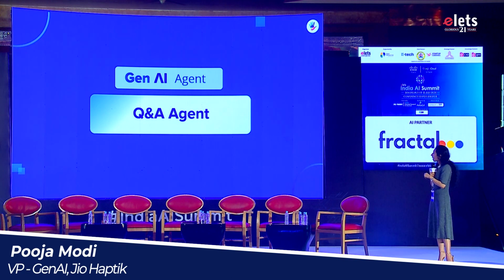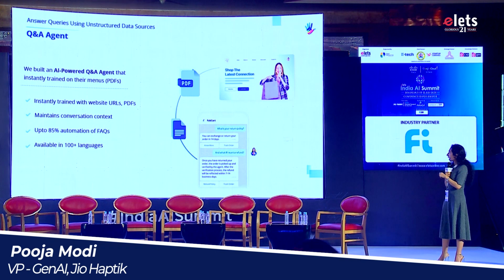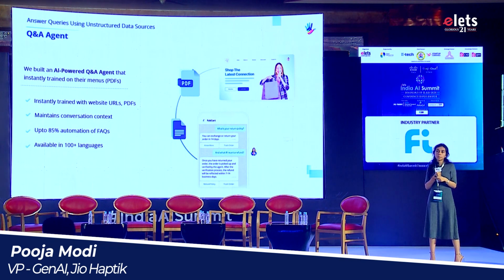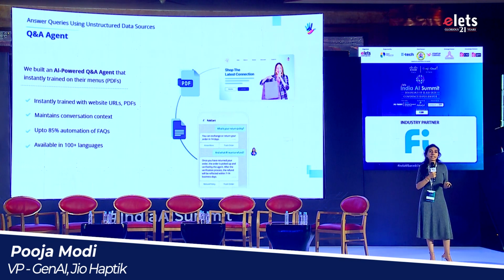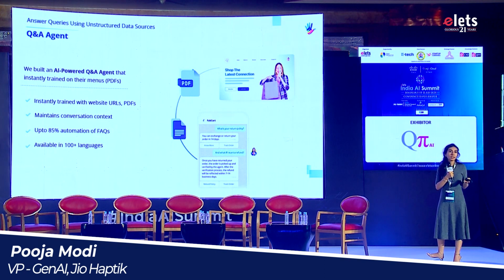Finally, we have this thing called a Q&A agent, which is basically probably the simplest of all. It takes in a bunch of unstructured content that you have, right? All brands have a lot of content sitting across PDF files, their own website, SOP documents, you name it. It literally takes all of this unstructured content and can start answering queries on top of it.